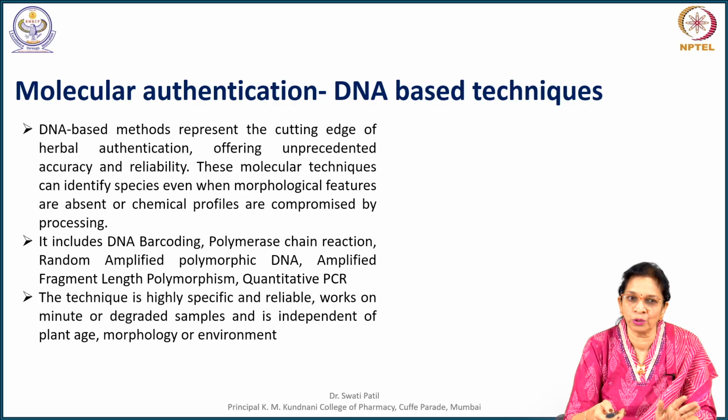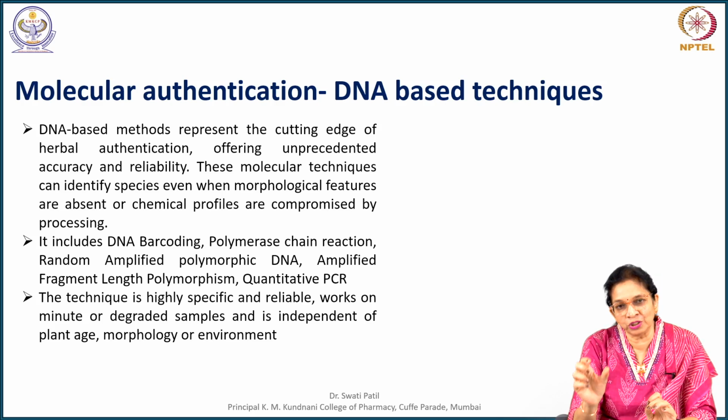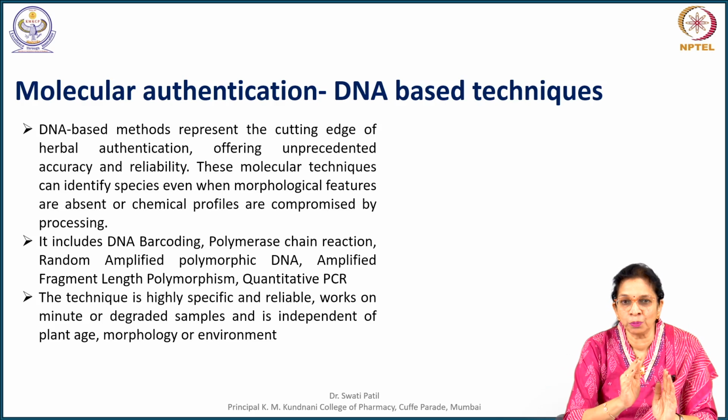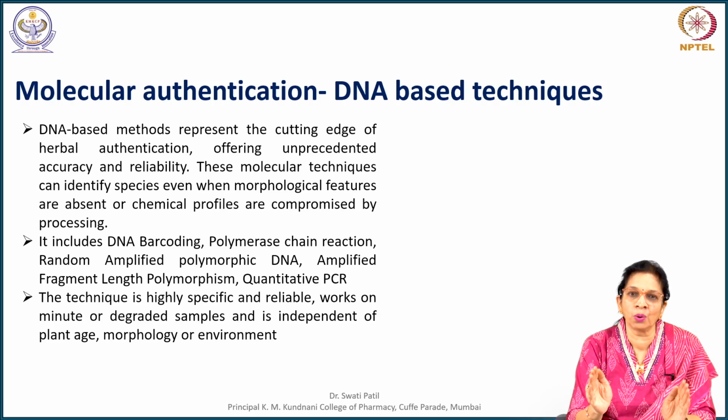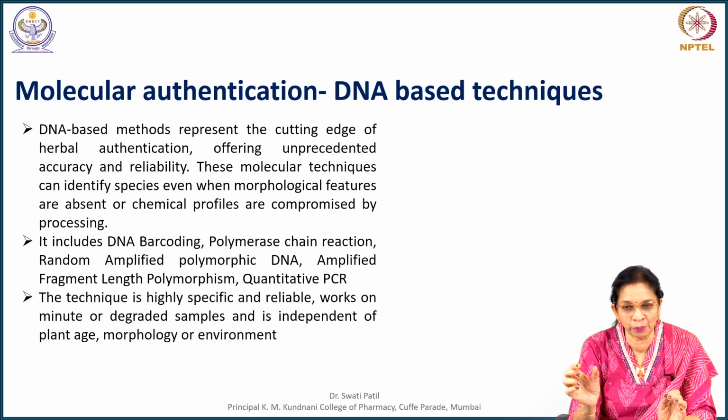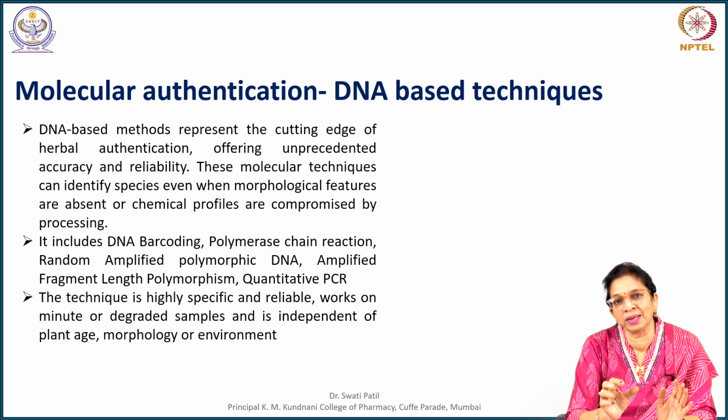identification and authentication. A very important modern day authentication technique is based on DNA fingerprinting, like how we have the human genome and different genetic sequences. Each plant has a genetic code, and by identifying a particular genetic sequence present, we can authenticate a plant.